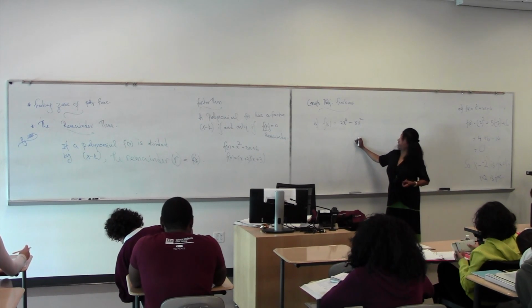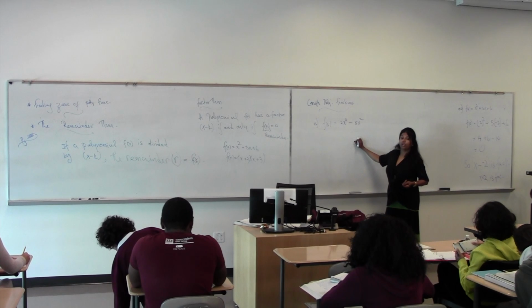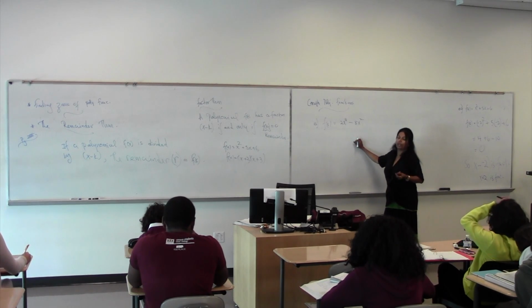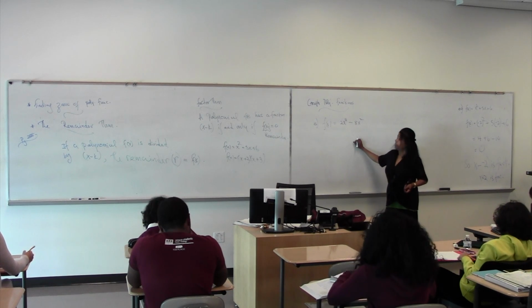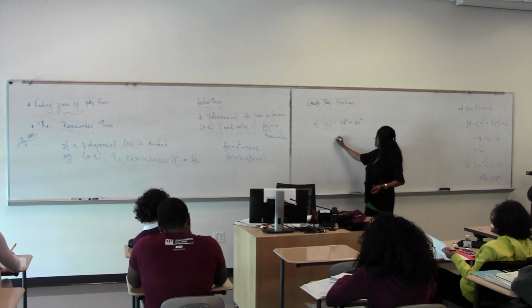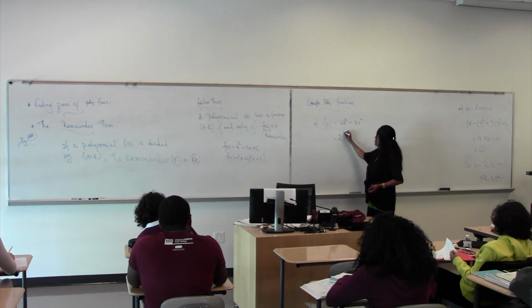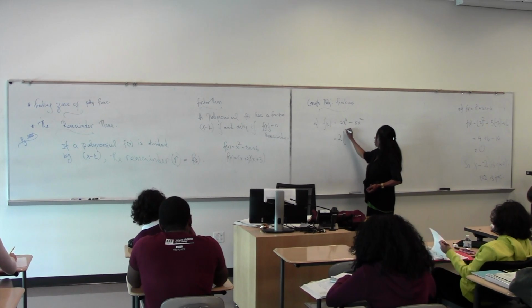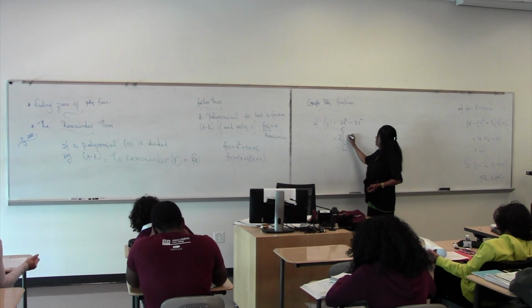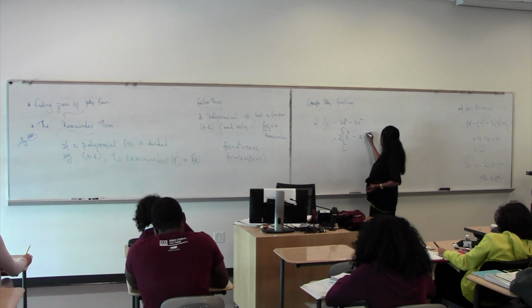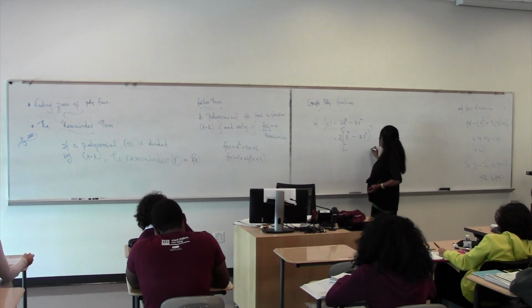If we can't factor this, then we use other techniques. Can we factor 2 out? Yes. So we get x to the 4 minus 4x squared.